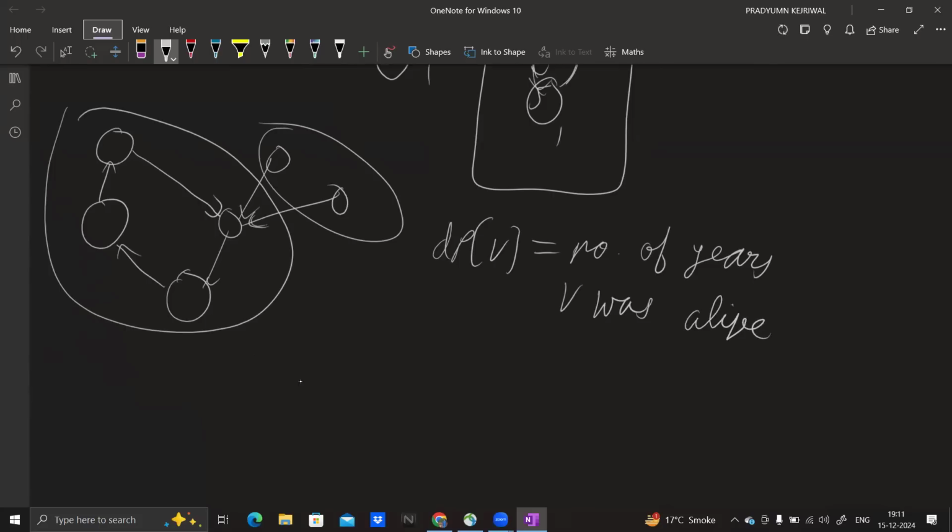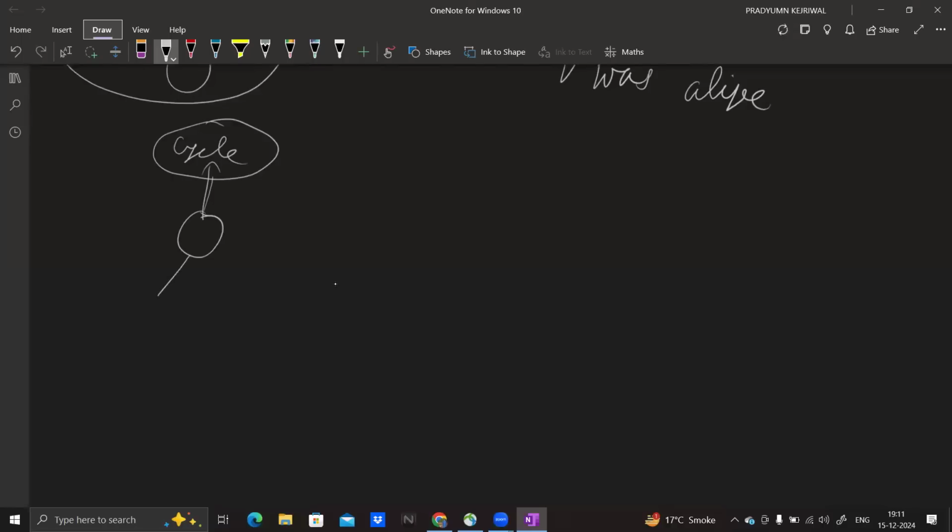I am defining that. Why am I doing that? Because let's say I have some things. Let's say there is this cycle here. This is a cycle. Then there is a node which points to a cycle. Then there are two children of this. There are some children of this as well.